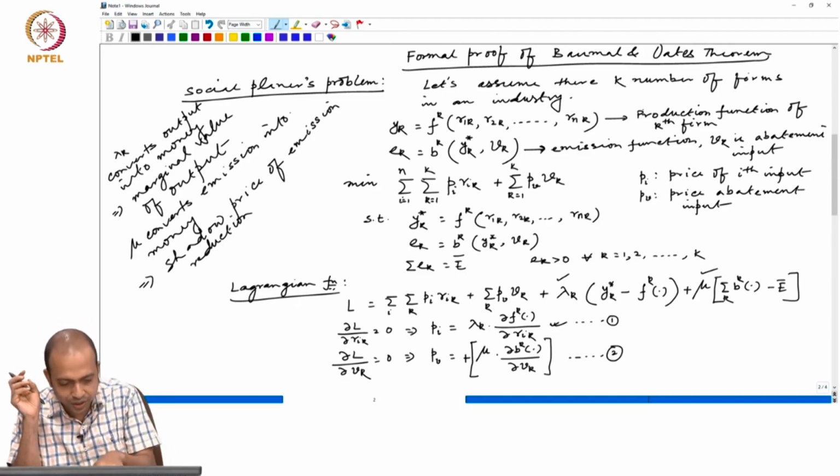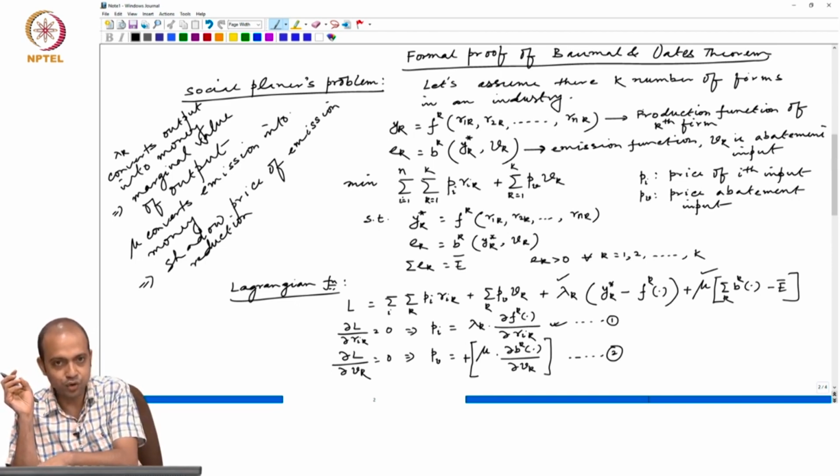You need to convert that into money. So, that is the shadow price of emission or emission reduction.